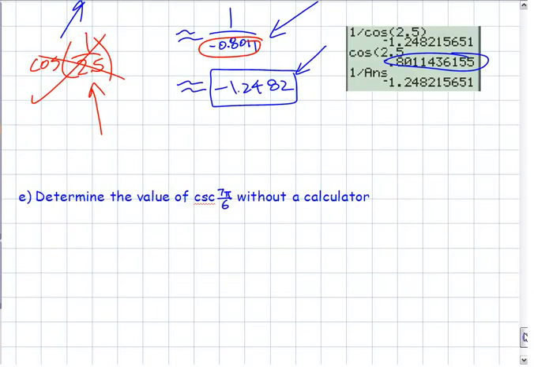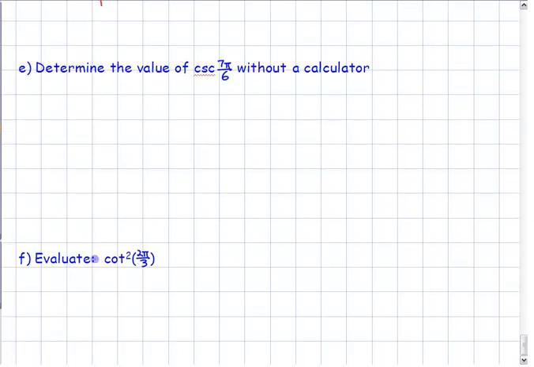Determine the value of cosecant 7 pi over 6 without a calculator. Use one of your exact ratio triangles. Oops, that's not right. That is definitely not a triangle, so we'll draw it roughly here. We want pi over 6 because that angle is related to pi over 6.